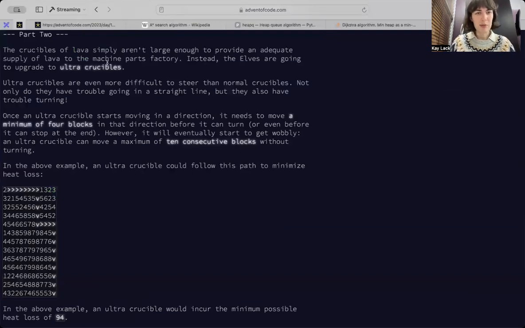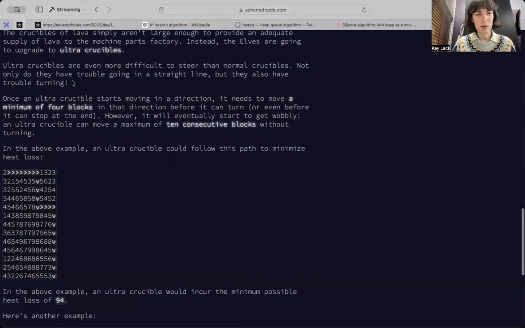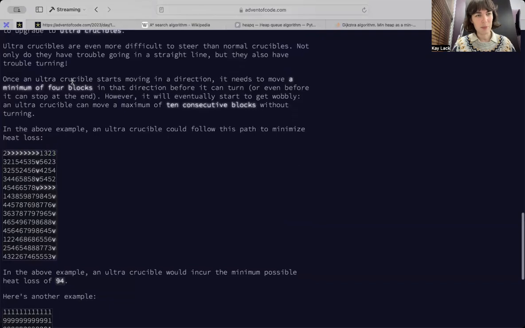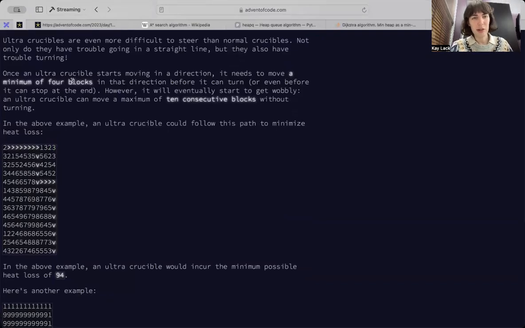Okay, the crucibles of lava simply aren't large enough to provide an adequate supply of lava to the machine parts factory. Instead, they're going to upgrade. Even more difficult to steer than normal crucibles. Not only do they have trouble going in a straight line, but they also have trouble turning. Once an ultra crucible starts moving in a direction, it needs to move a minimum of 4 blocks in that direction before it can turn, or even before it can stop at the end.